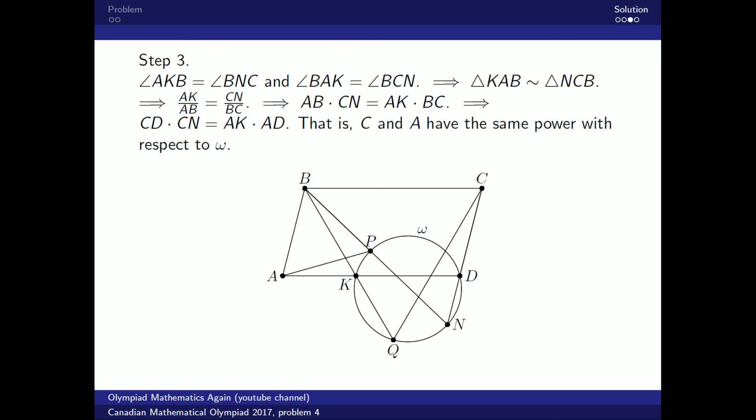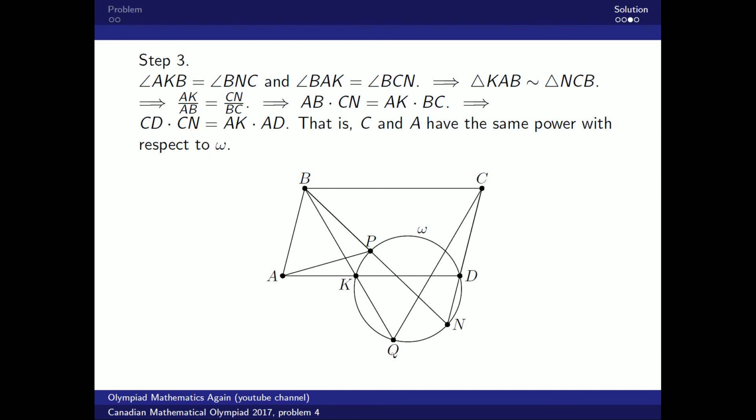We have line CN, which crosses the circle omega in 2 points, D and N. The power of a point with respect to a circle is, when a line crosses the circle in 2 points, the distance from this point to the first point of intersection multiplied by the distance to the second point of intersection.